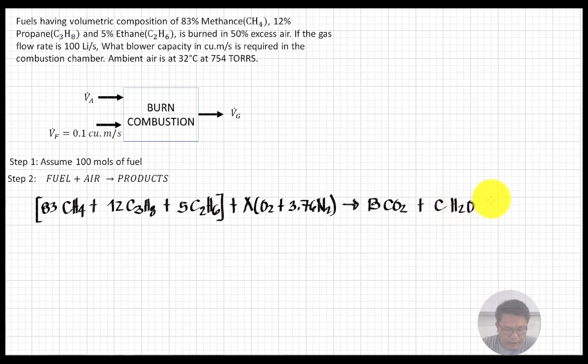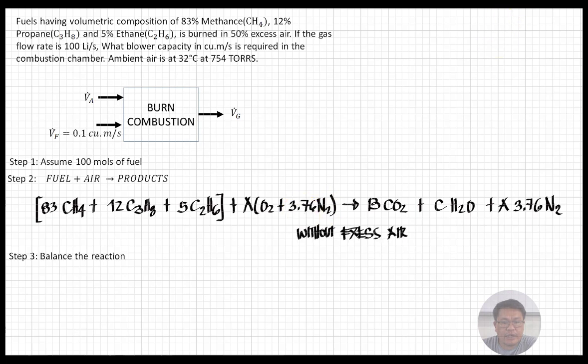Then I'm going to add here your A, which is our unknown, multiplied by 3.76 of your nitrogen. So this equation is our combustion formula, without excess air. So next we're going to do step 3, which is to balance the reaction. So let's start by balancing your carbon.